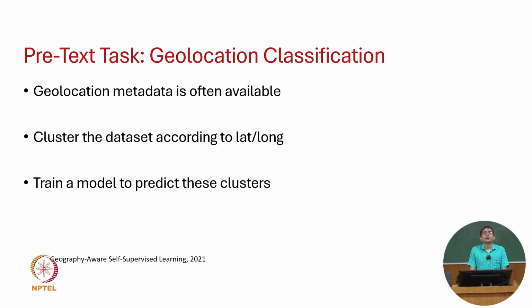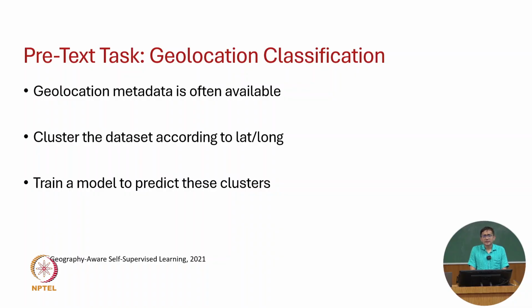Now, we would take a couple of minutes to discuss a couple of pretext tasks that were proposed more specifically in the context of Earth observation. One of them is geolocation classification.